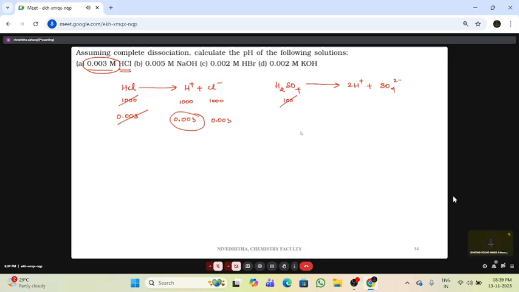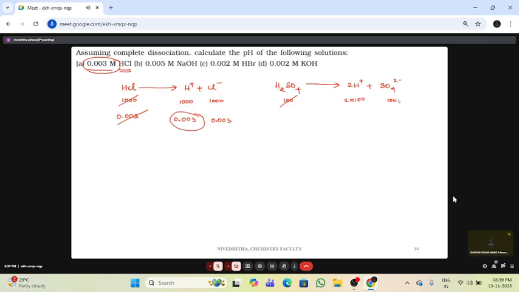One sulfuric acid molecule itself will give 2 H plus ions. Now I have taken 100 molecules, so how many H plus ions will I have? Very good, it is 200. And the sulfate ion will be just 100.